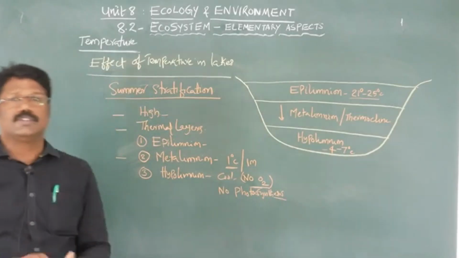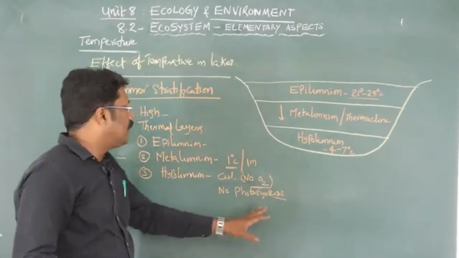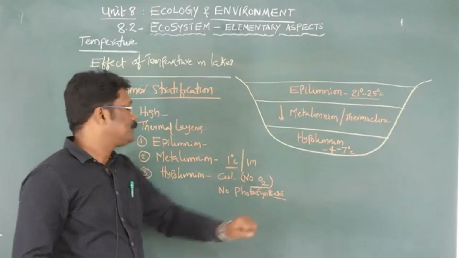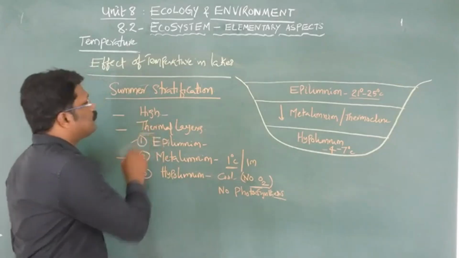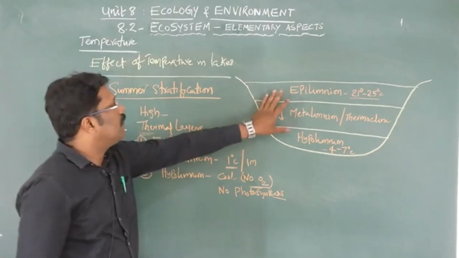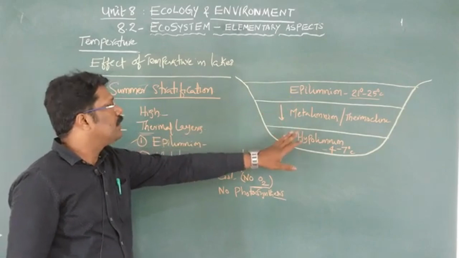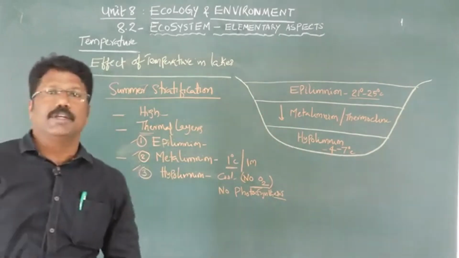No photosynthesis occurs because the light cannot penetrate to the bottom layer, and because of this we don't have oxygen here. And these three layers in the summer can be identified as the epilimnion, the metalimnion, the middle one, and the lower one known as the hypolimnion.